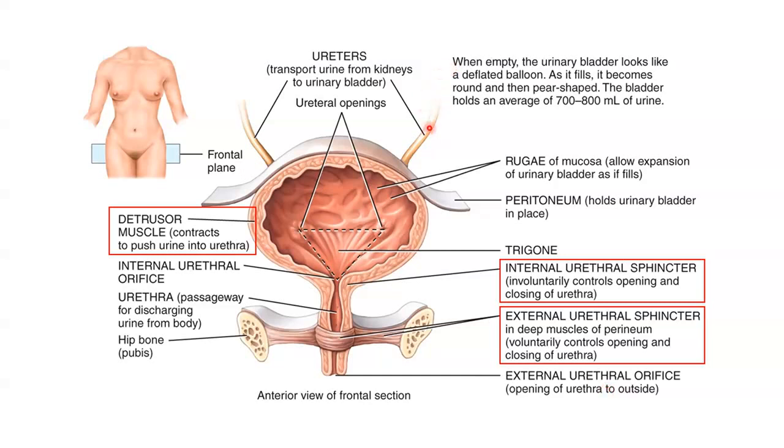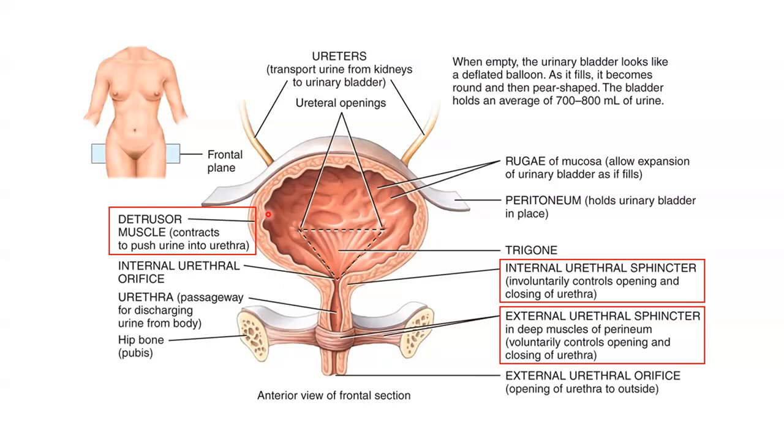As urine comes down our ureters and fills up our urinary bladder, once we exceed between 200 and 400 milliliters, pressure within the bladder will increase. It will stimulate stretch receptors in the wall of the bladder, and this stimulates a nerve impulse to the micturition center, which is in the sacral spinal cord.